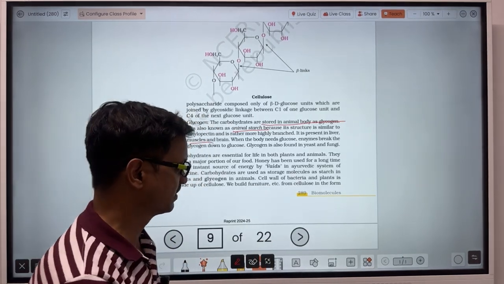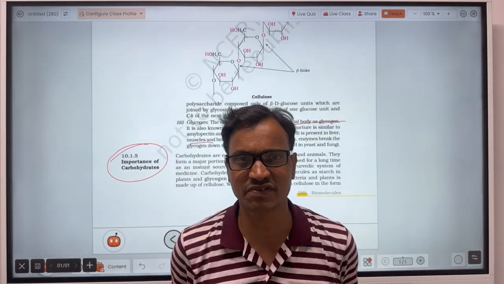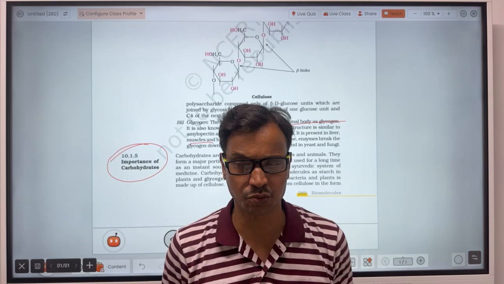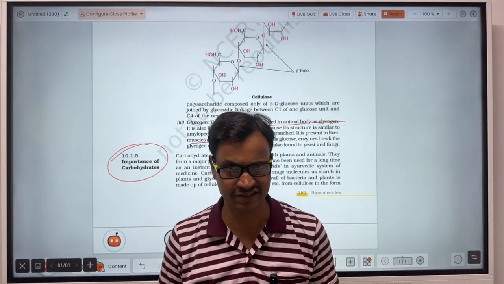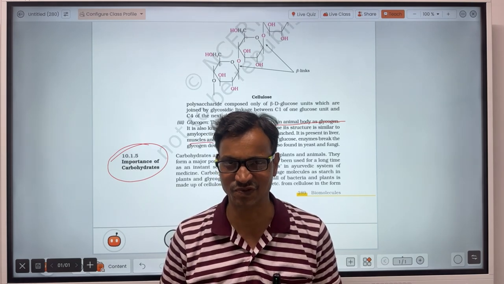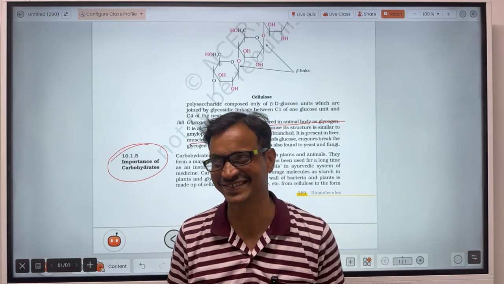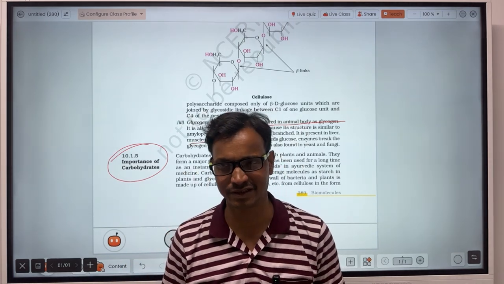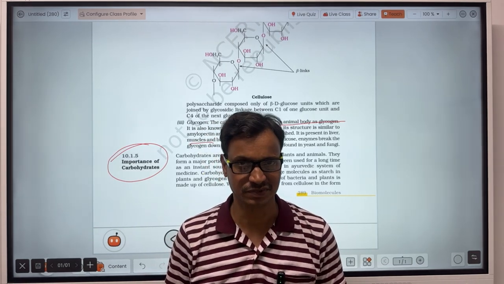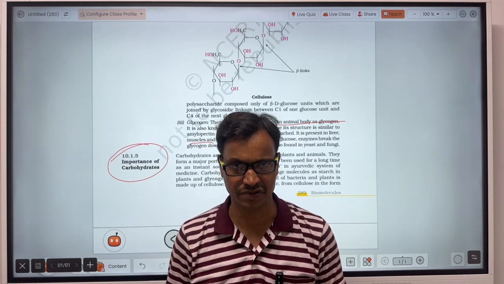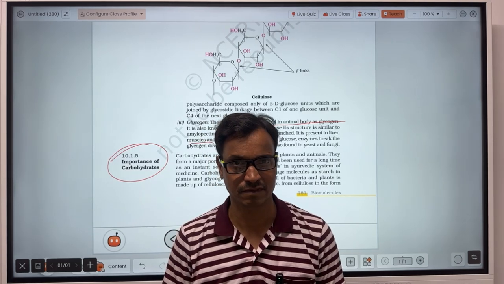Next one is importance of carbohydrates. What is the importance of carbohydrates? So carbohydrates, that is the monosaccharides, glucose and fructose, act as a quick source of energy. I think you have realized that if you felt tired, then after consuming the lime water with sugar, not only water with the salt, or if you consume a sugar solution or glucose, or if you take fruit, then immediately you will get energy.